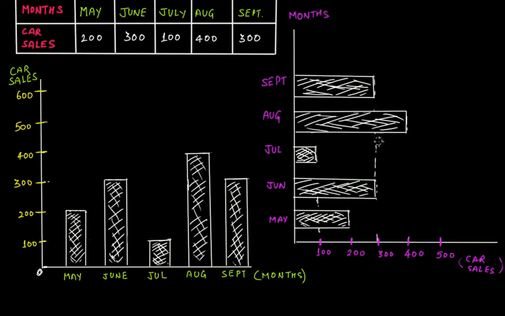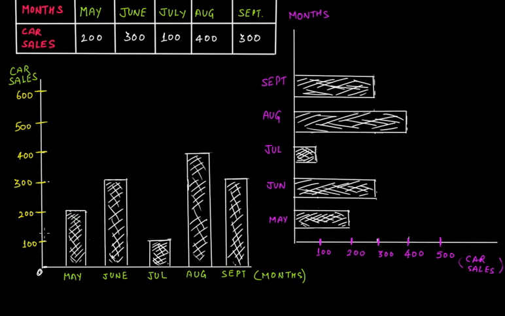So this is what we have drawn here, and it's actually representing the same data. You can clearly see that in the first graph or diagram, the months were on the horizontal line, and in this case the months are on the vertical line.